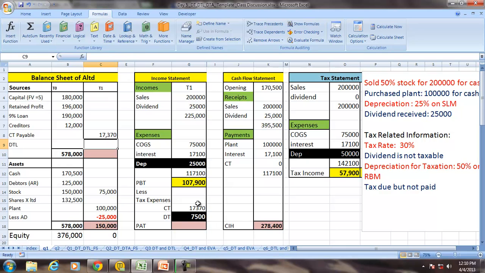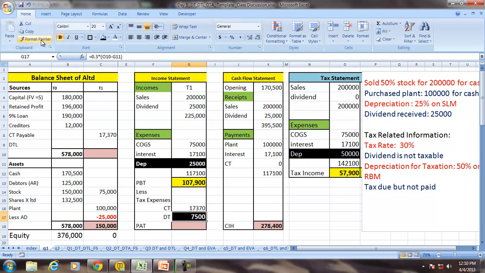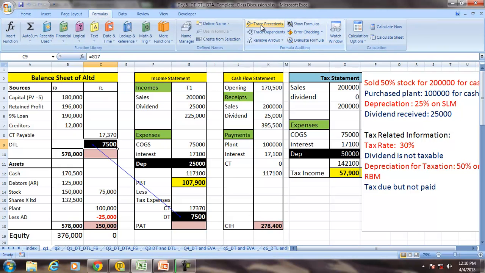If the tax expense is greater than the CT, then a deferred tax liability will appear on the balance sheet, and deferred tax liability in this case is 7,500. 7,500 is the tax on the timing difference, and the timing difference is the depreciation. Now we can find the PBT minus tax expense, which will give us PAT, and the entire PAT will be transferred to the retained profit.